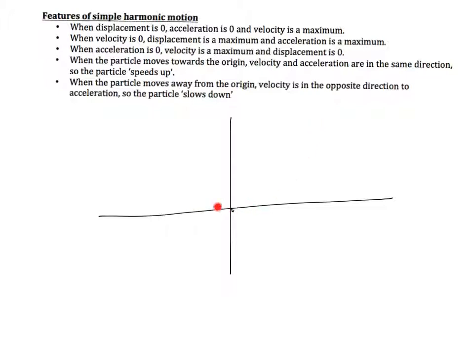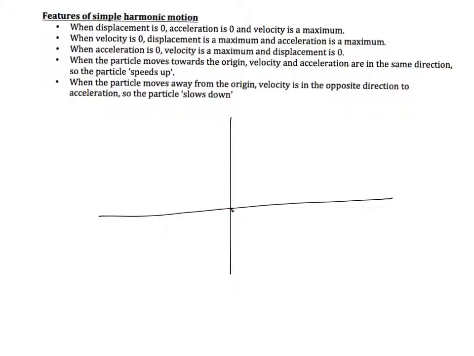So when the displacement is 0, velocity is the maximum and the acceleration is 0. When the velocity is 0, displacement is a maximum and acceleration is a maximum, likewise at this point over here. And when acceleration is 0, velocity is a maximum and displacement is 0.